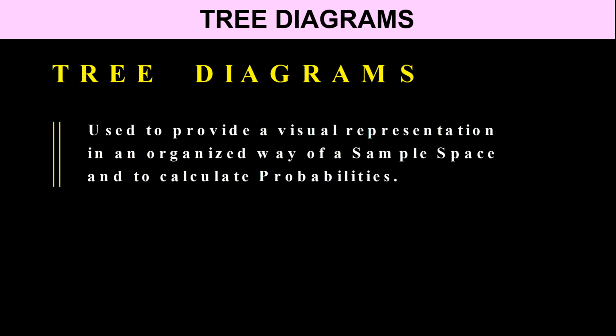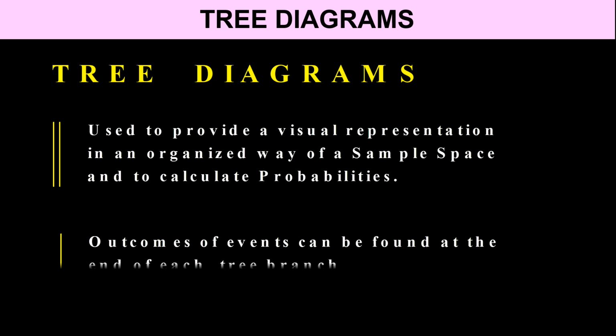They are used to provide a visual representation, in an organized way, of a sample space and to calculate the resulting probabilities. The outcomes of events can be found at the end of each branch.